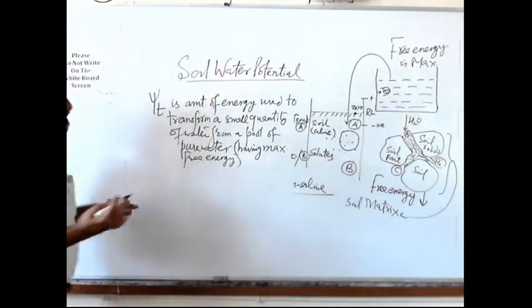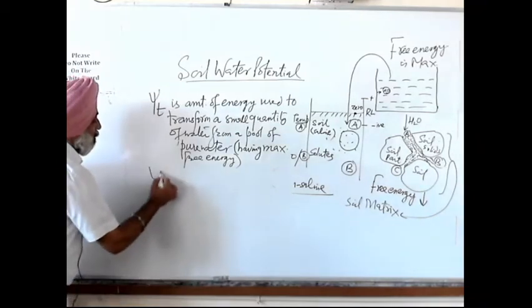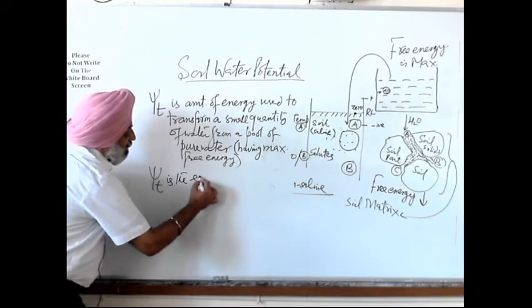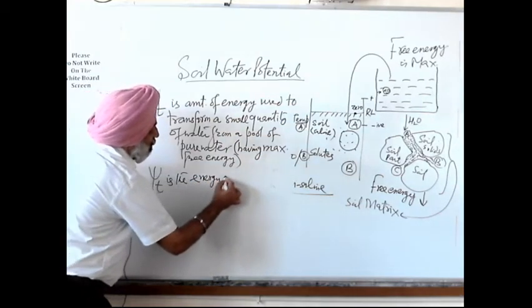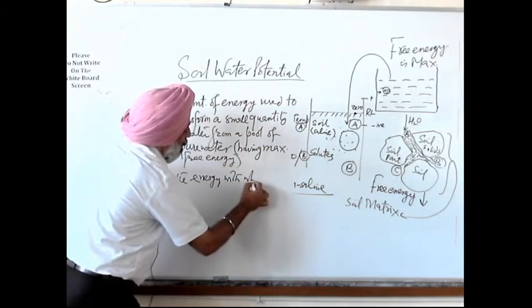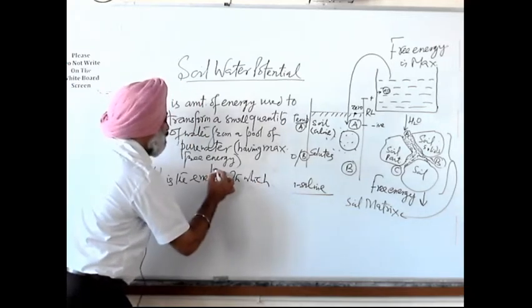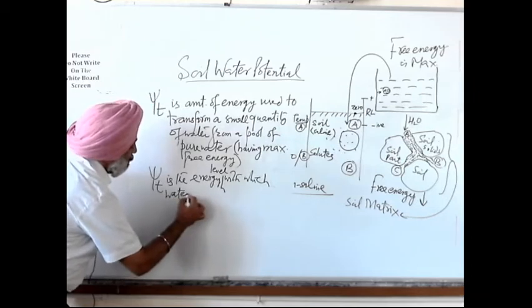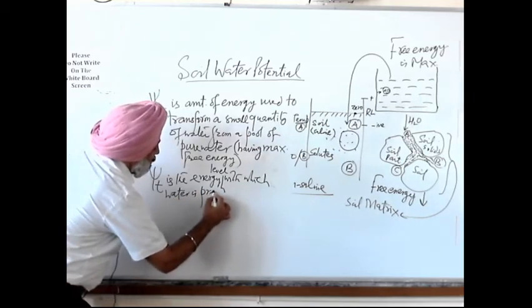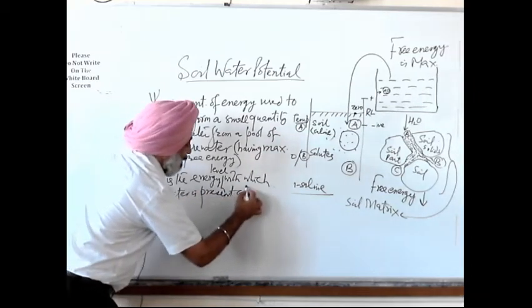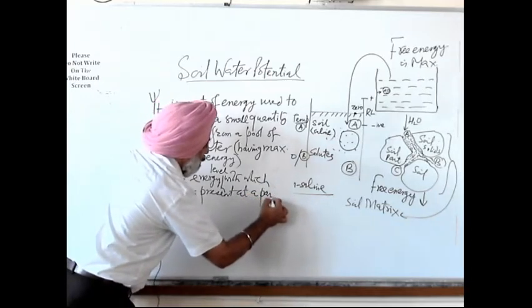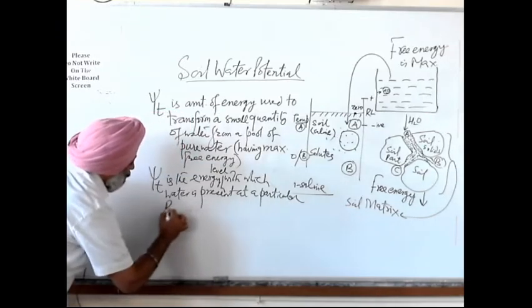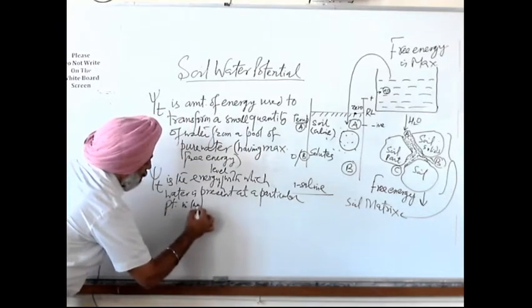In other words, in a soil, total soil water potential is the energy level with which water is present at a particular point in the soil.